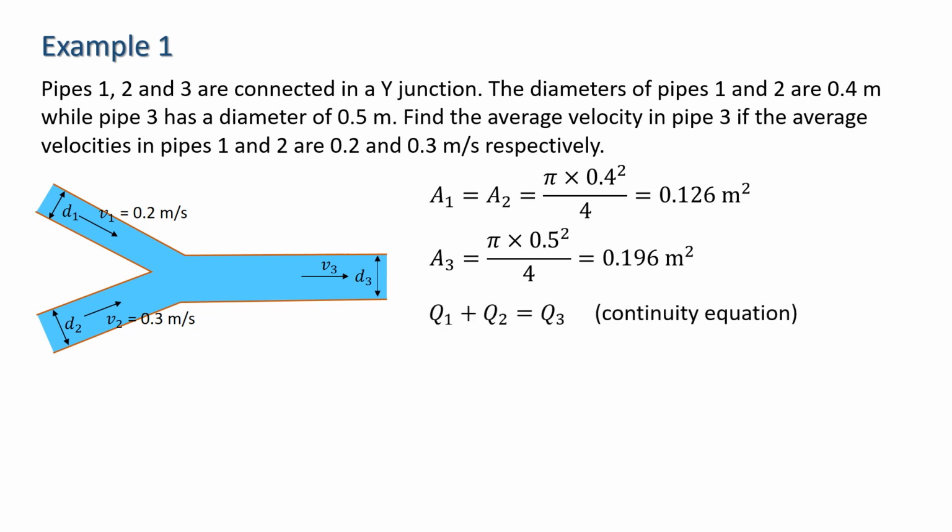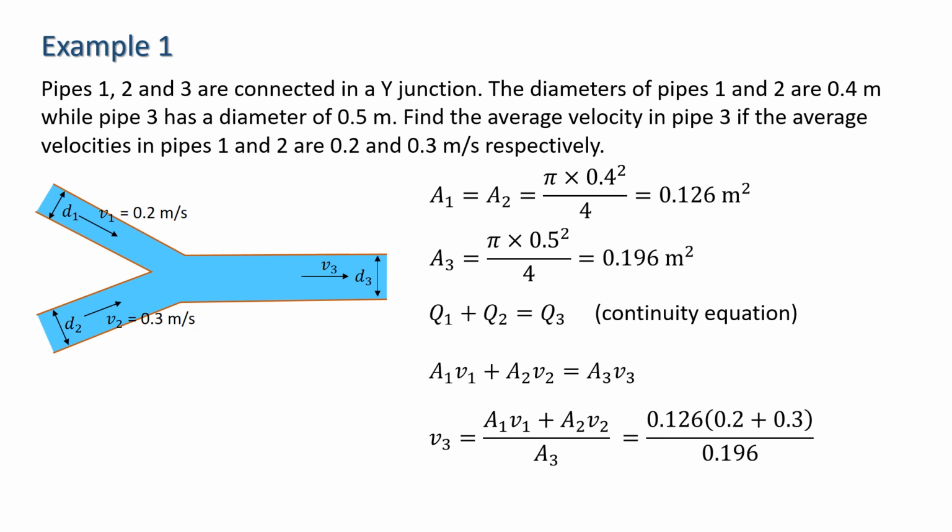Thus we have A1V1 plus A2V2 equals A3V3. Dividing both sides of this equation by A3 gives us an expression for V3, and substituting the values we have calculated, we find that V3 equals 0.32 meters per second.